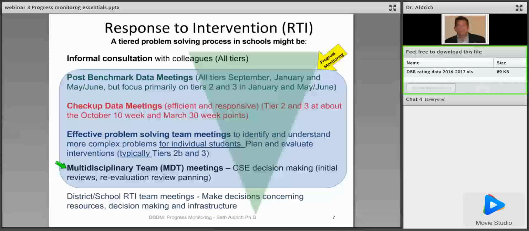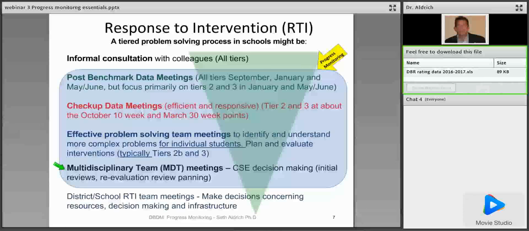Your assessments are going to be strong: reliable, valid, psychometrically sound. You're going to have enough data when you get to that process to make really sound decisions.